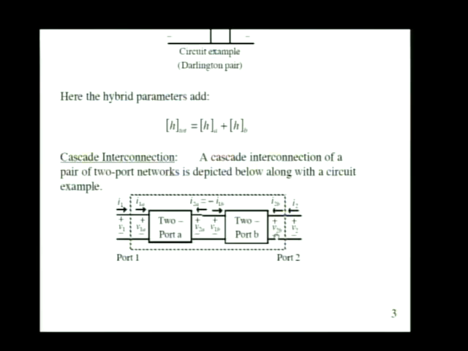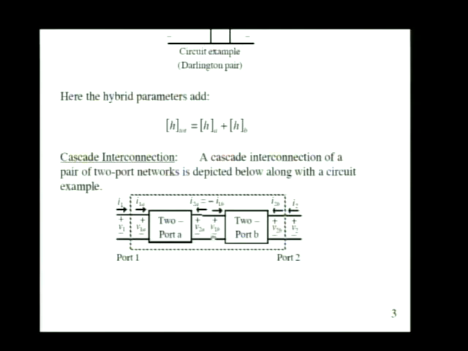We use the usual passive sign convention to define current directions and voltage polarities for voltages and currents at the ports of two-port A and two-port B. So there's voltage and current at port 1 for two-port A, voltage and current at port 2 of two-port A, similarly for two-port B. Notice that the voltage at port 2 for two-port A is the same as the voltage of two-port B at port 1.